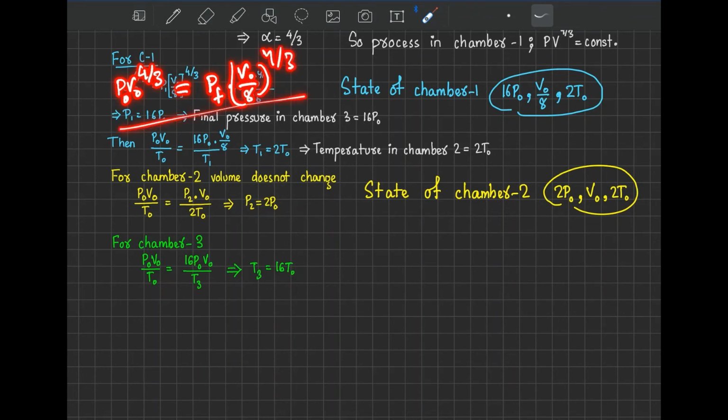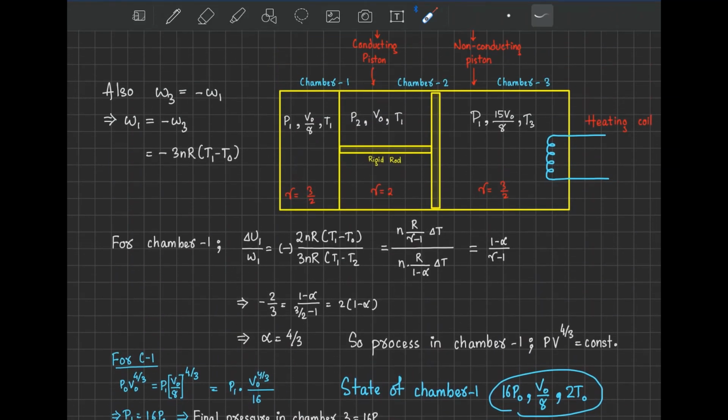Solving this equation, we get P1 equals 16 P0. So we got the final pressure in chamber 3 also, because this pressure and this pressure are the same finally. So if this is 16 P0, this is also 16 P0. So the final pressure here and here are the same.